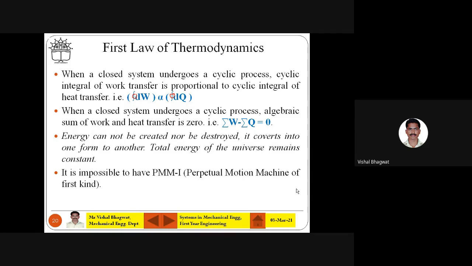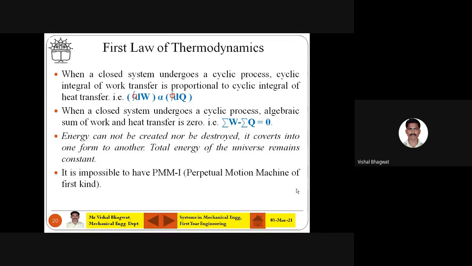What is it? Perpetual motion machine of first kind means it is actually disobeying the first law of thermodynamics. Understood? PMM1 is a machine which will not follow the first law of thermodynamics. So it is not possible to create such a PMM1 which will not follow the first law.